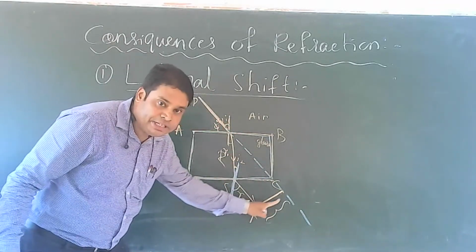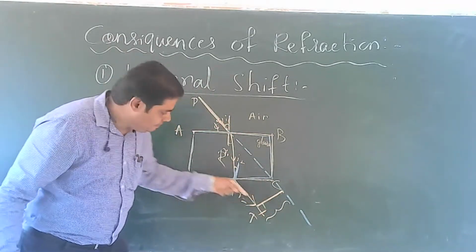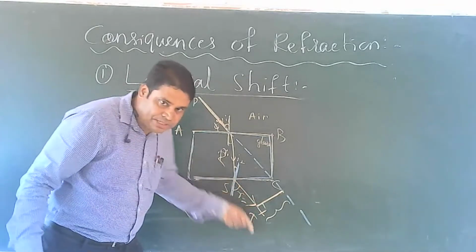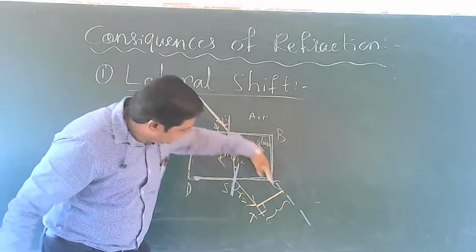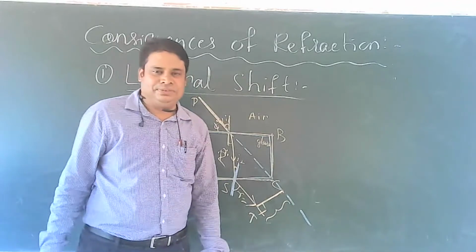It is the perpendicular distance between the emergent ray and the incident ray extended that is called lateral shift.